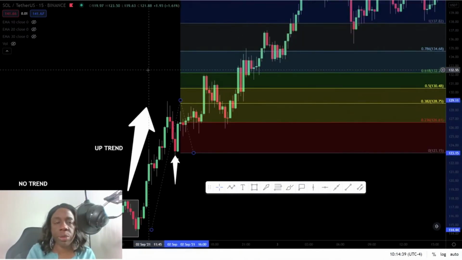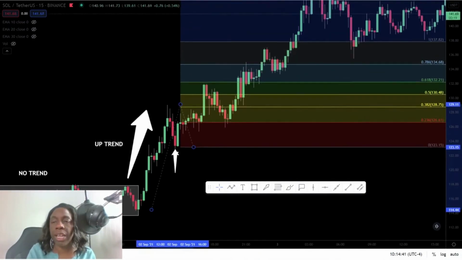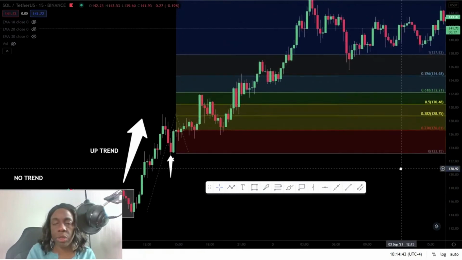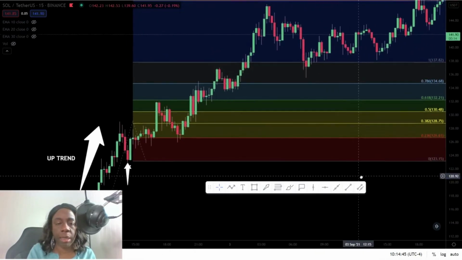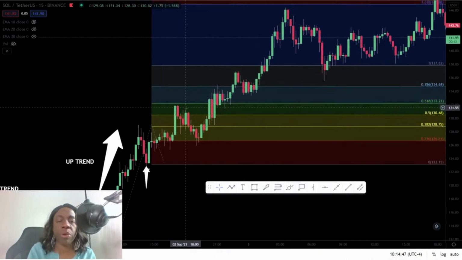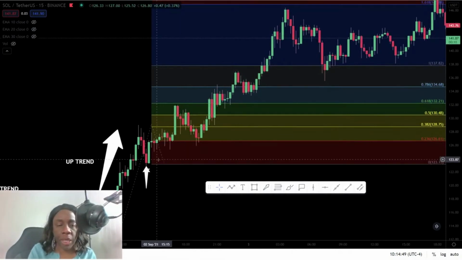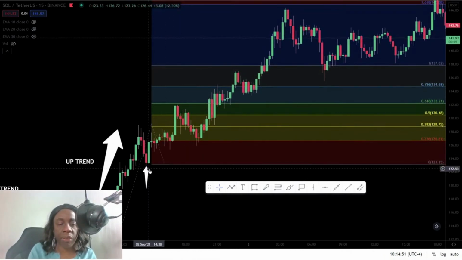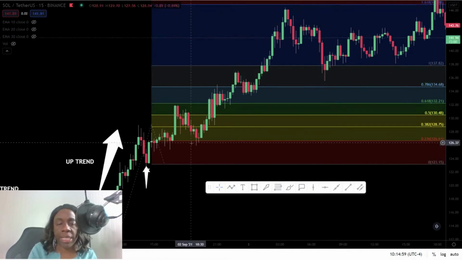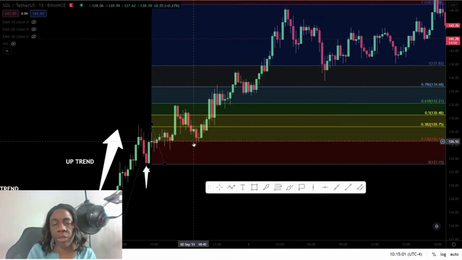Now, guys, we're just pretending that price action is at this point right now, okay? And so you can see from where the Fibonacci extensions start, down here, price level 1 is $126.